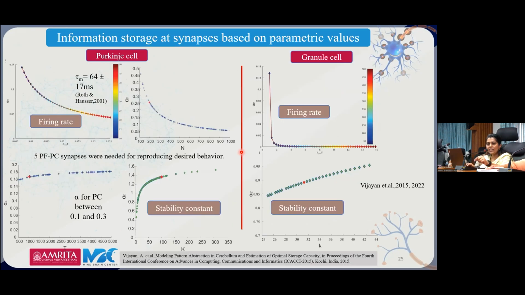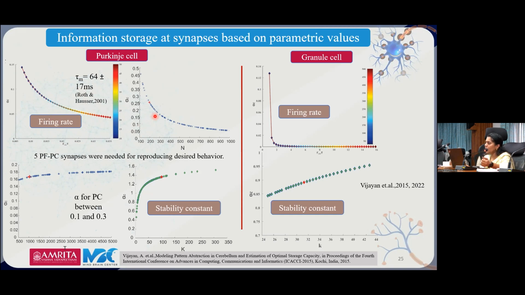In the case of storage capacity, the definition as such is storage of input-output associations in the synapse. The Purkinje cell, being a bigger neuron compared to the granule cell, had the option to capture all the information or input-output association in the synapses. And we can see that it was tested and finalized. Based on this firing behavior, the storage capacity was calculated around 0.3, so 0.1 to 0.3.